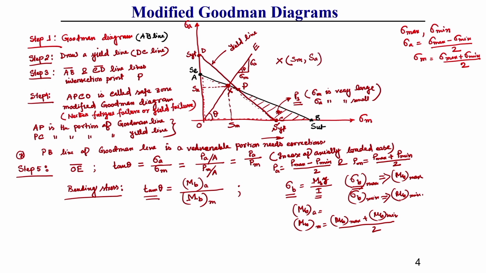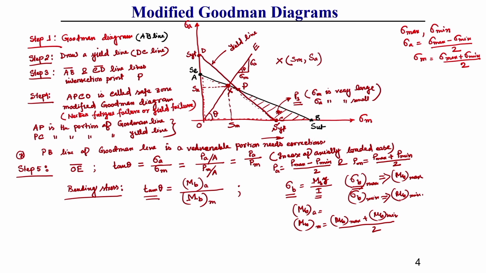The point x indicates the dividing line, and you should keep this in mind. It indicates the dividing line between the safe region and the region of failure, because the portion below this point is safe, and the outside of point x is the failure zone.